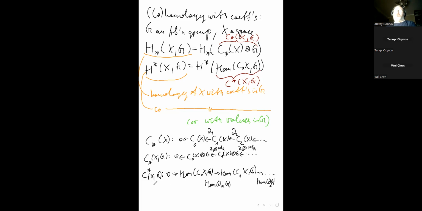So the one thing we need to observe is this is not exactly a chain complex; it's a co-chain complex.